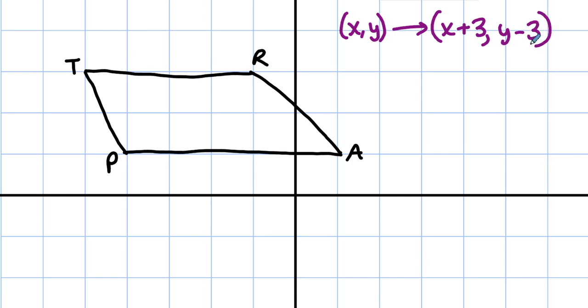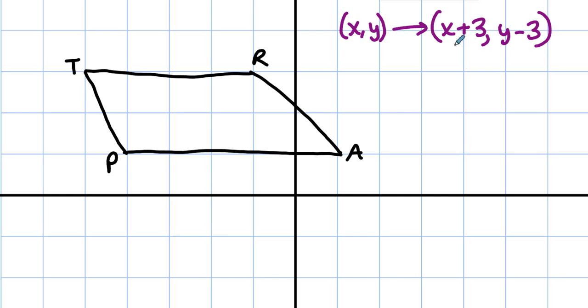Take a moment, figure out where T prime, R prime, A prime, P prime has to be if (x, y) moves to (x + 3, y - 3).